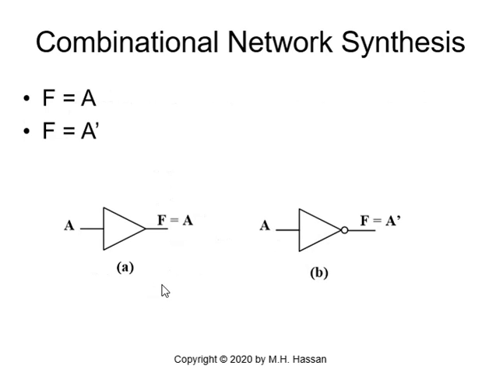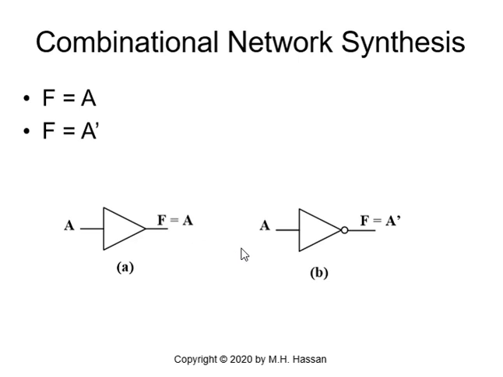Next slide. We'll have the synthesis of a function with one variable, which is f equals a, or f equals a prime. Here we use a buffer. If the input is a and we need f to stay a, f will be a. This is called a buffer, or two cascaded inverters, or any even number of cascaded inverters will give me f equals a.